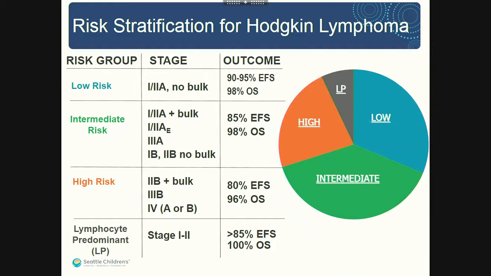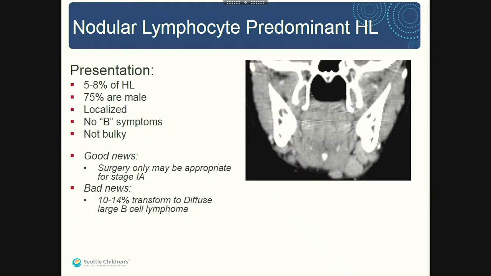And then overall survival is speaking to, if you do have relapse, your likelihood of surviving beyond that. The nice thing about Hodgkin's is that it's not only very highly likely to be successful with the first attempt, but there's also a lot of good salvage chemotherapies, and so the patients have pretty good odds of being cured even in the relapse setting, which is different than a lot of other diseases.